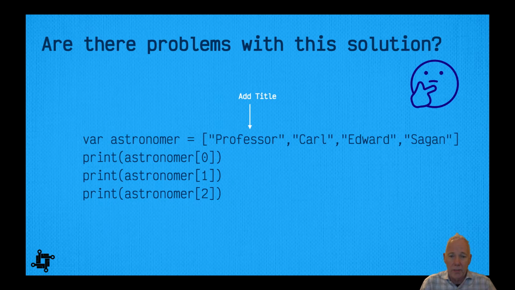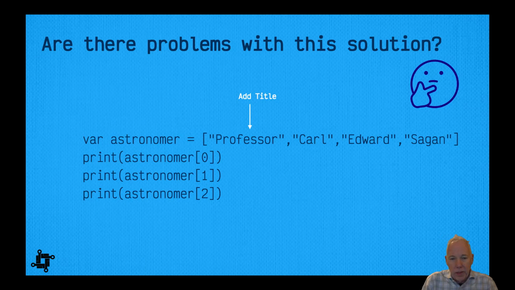And I'll give you an example. Let's suppose we've decided that the requirements change a little bit, and we also need to record a title with a person's name. So in this case, our astronomer has a PhD in astrophysics, and so they are a professor. So what we want is Professor Carl Edward Sagan, and that is their name now in this array.